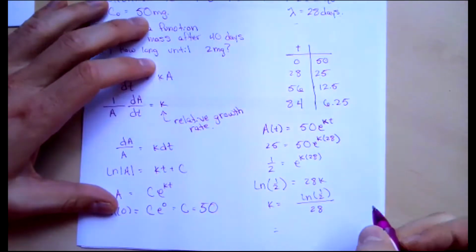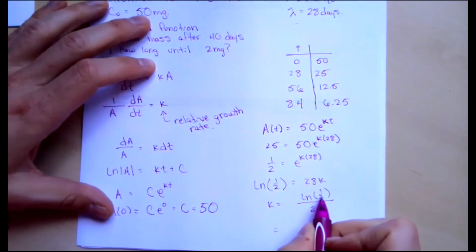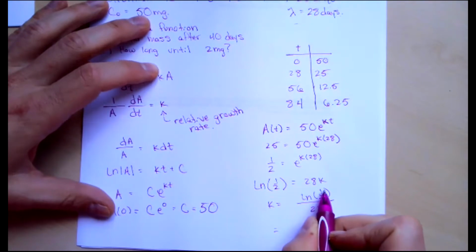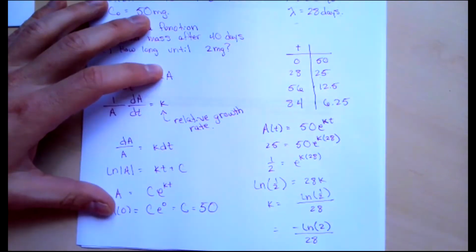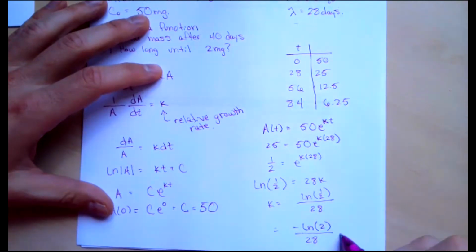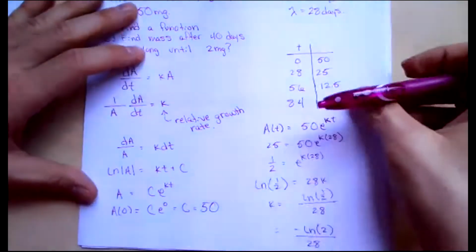So natural log of 1/2 is natural log of 2 to the minus 1. So you will often see it as negative natural log of 2 over 28. Either one. I mean, I guess if you leave it in that one or that one, both fine.